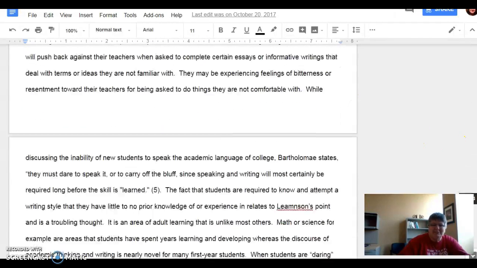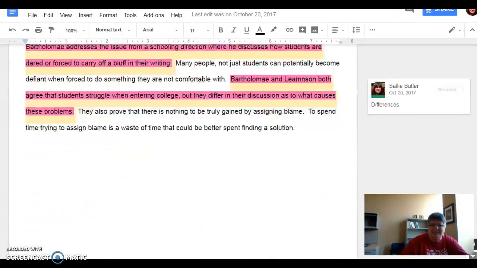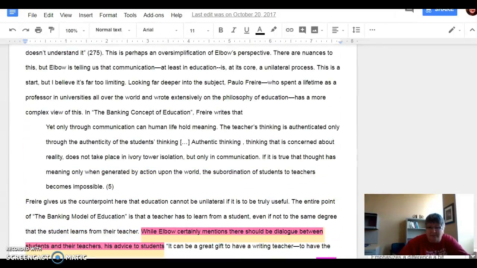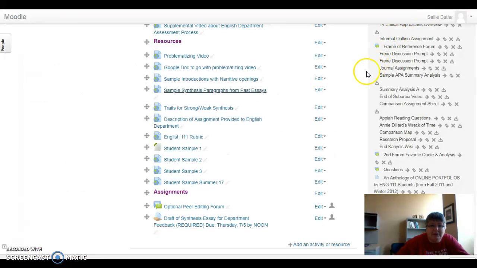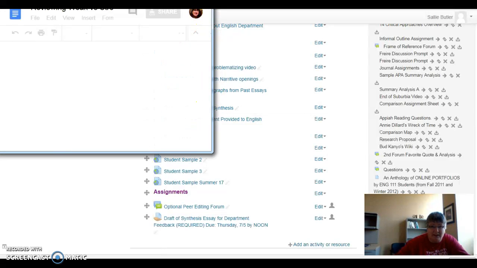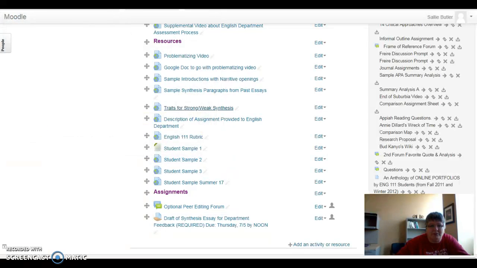If you haven't looked at them, I would. If you haven't looked at the traits for a strong and weak synthesis, please do that. I went over it one other time in another video, so I won't bore you with that. And if you're looking at the sample, start with the bottom one.